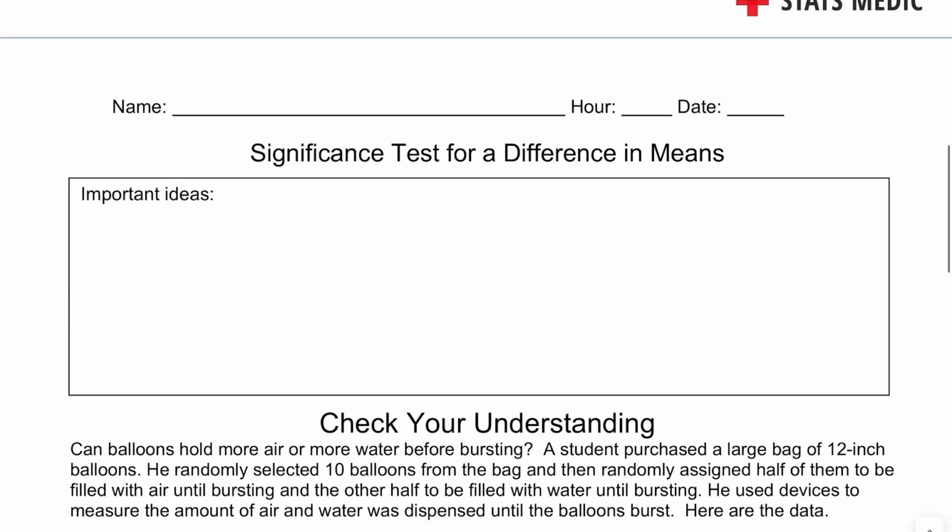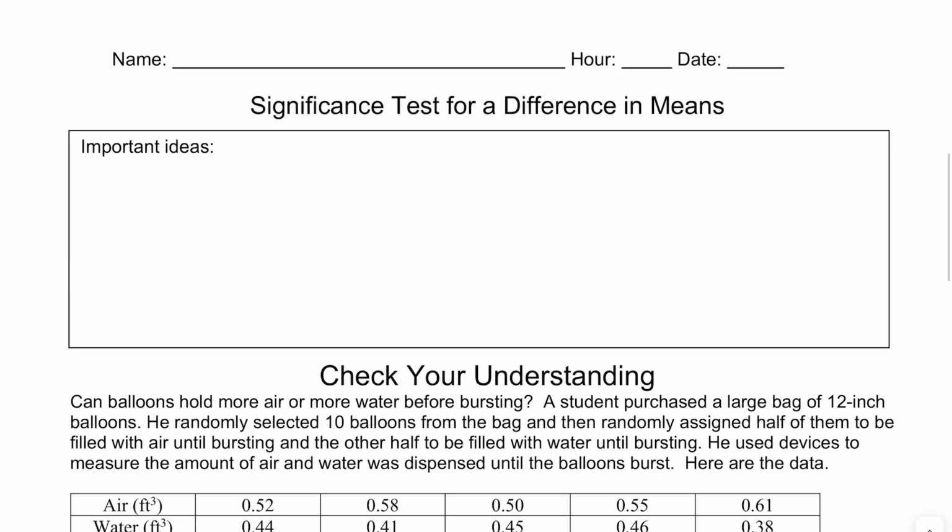Yeah, and so just very quickly for important ideas, remember that for a 2-sample t-test for mu1 minus mu2, your parameter is mu1 minus mu2. A lot of people on the confidence intervals and hypothesis test for proportions just kept putting p all the time, whether they were doing 1 sample or 2 sample, and you can't do that.